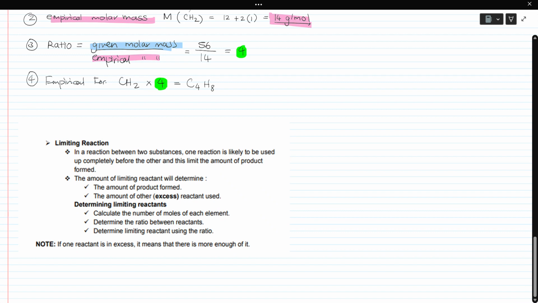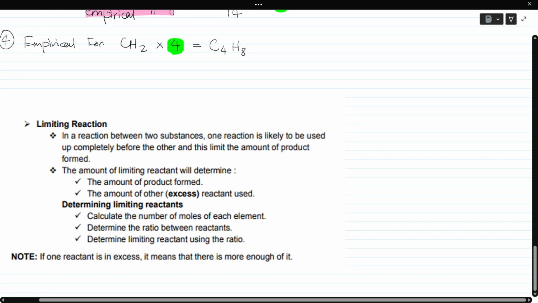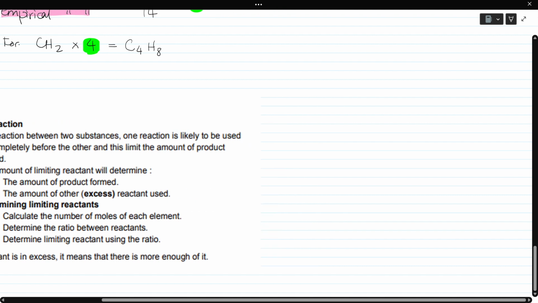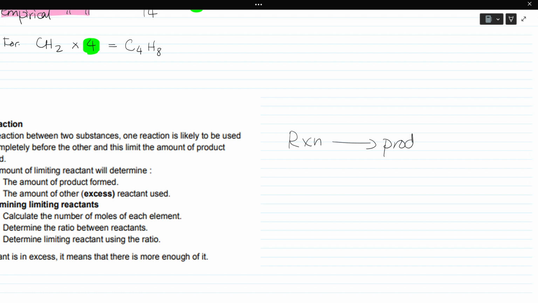Okay, and then tomorrow I'm just going to quickly show you what we're going to be doing. So we're going to be talking about something called a limiting reagent. What is this? Basically, when you have a chemical formula, you know we always start off with reactants to get products. So I may have something like oxygen plus nitrogen to give me nitrogen dioxide, right? This is not a balanced chemical equation.